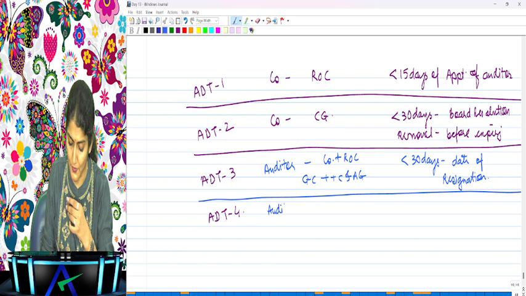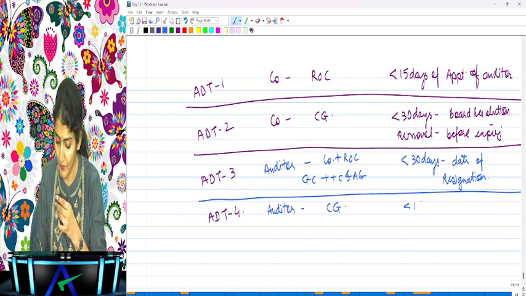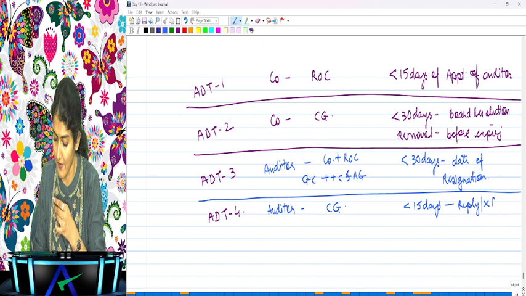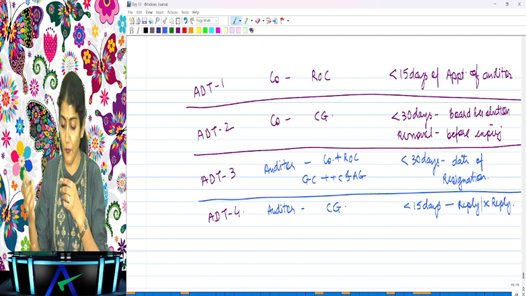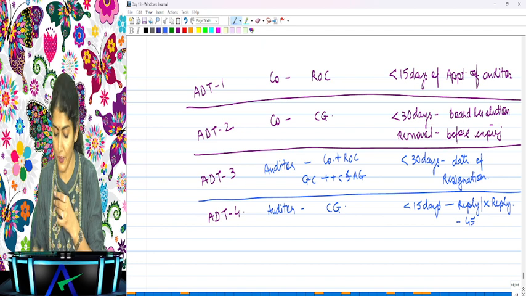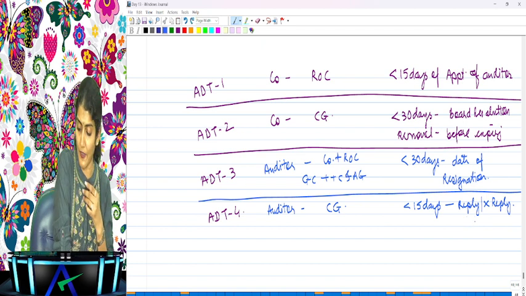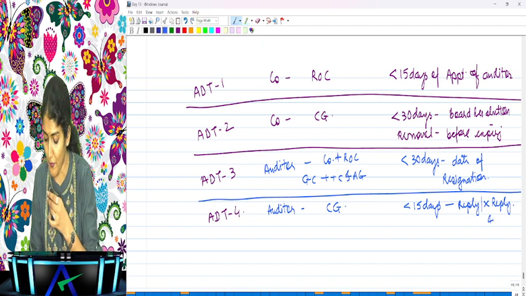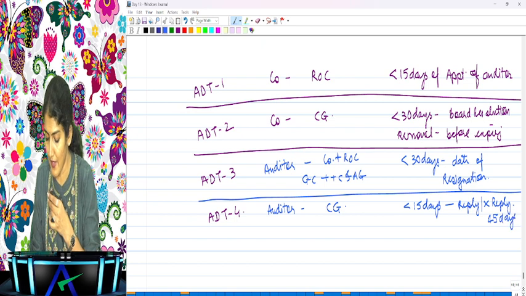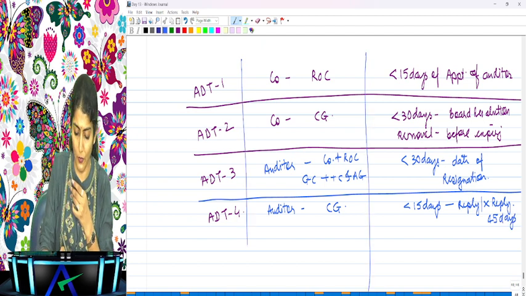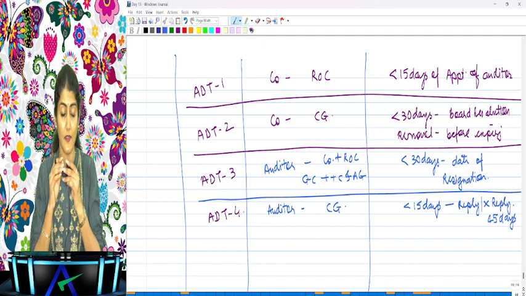The auditor needs to file it with the central government, right? Within 15 days, with reply or without reply of the audit committee or board of directors. Right, within 15 days after the expiry of 45 days if there is no reply, and if there is a reply, then within 15 days from the date of the reply, he has to do the reporting of the fraud to the central government. Is it clear to everyone?